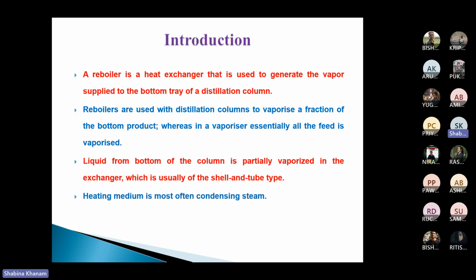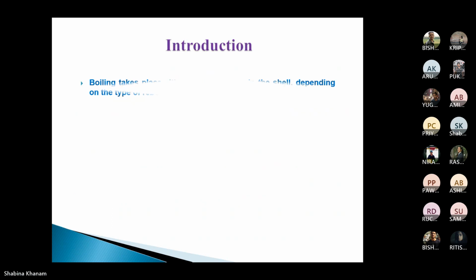Because of that, you need to consider the design in a different way. What is the difference and how we need to consider it, we will discuss in this topic, reboiler design. Further, boiling takes place either in tubes or in the shell, depending on the type of reboiler. We will discuss the types of reboiler, and vapor formation may occur on the tube side or the shell side, both ways.